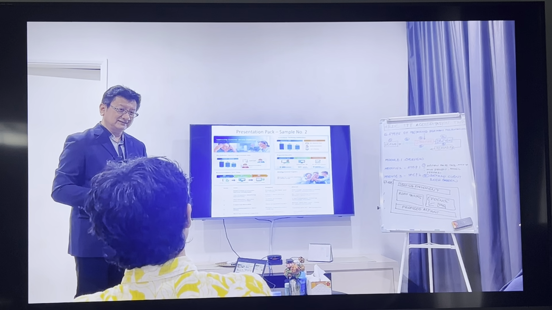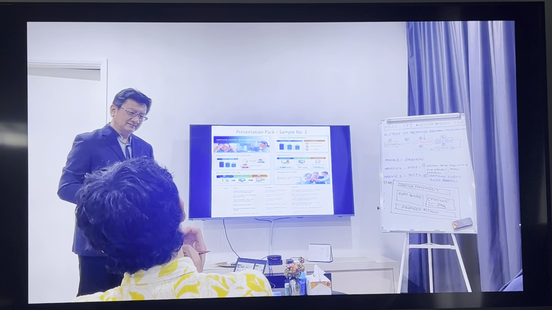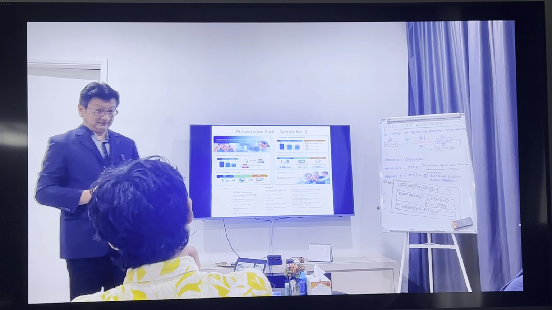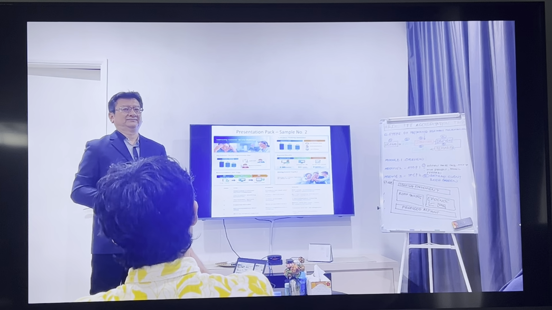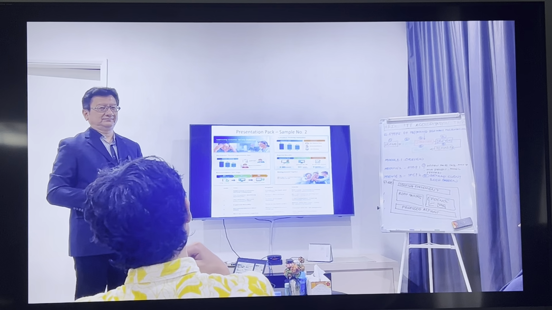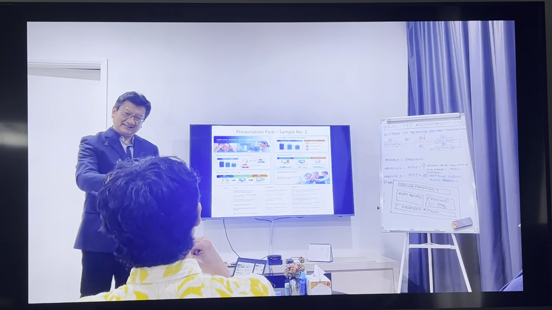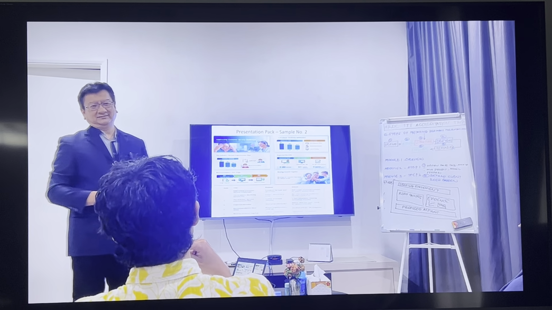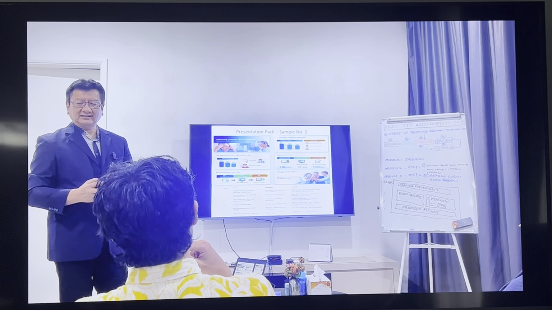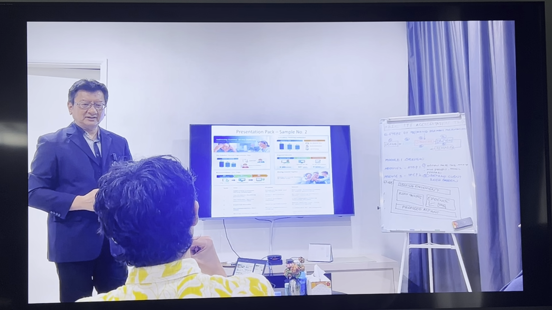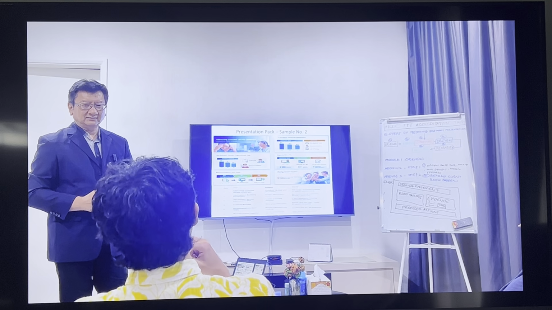Yeah, the budget to buy the design tool. Yes, that's important. So is the tool available now in the university? Yes, available.